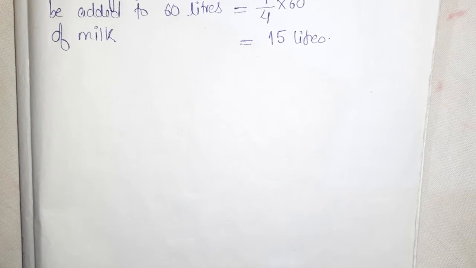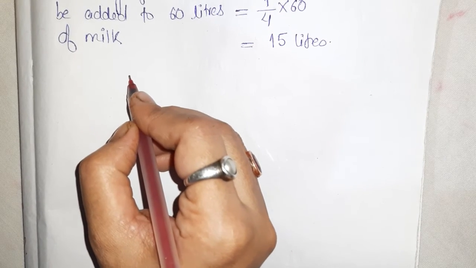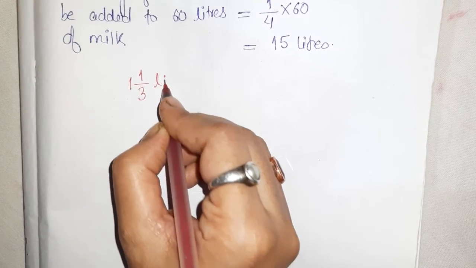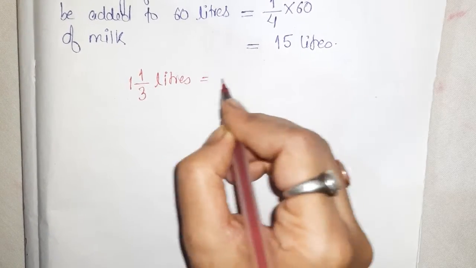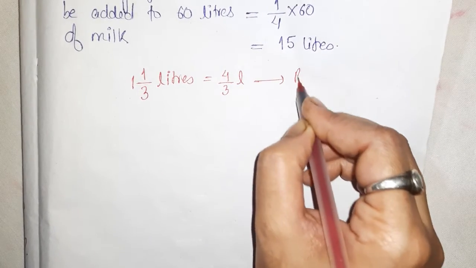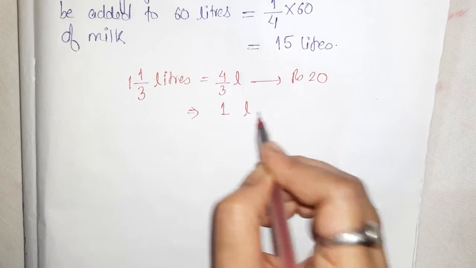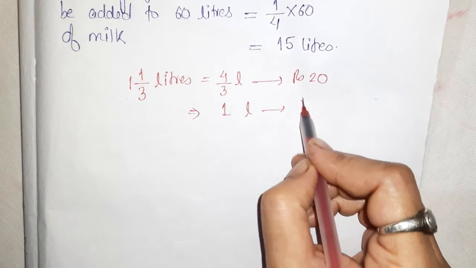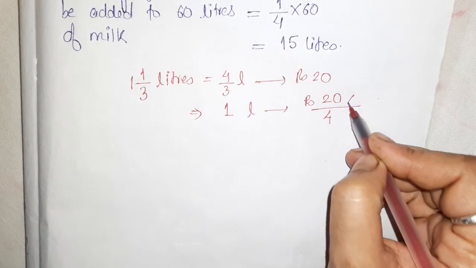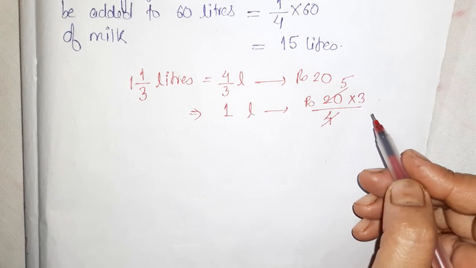Okay, now I will show you how you find the cost of 1 liter of milk. You are given that 1.5 liters, means 3 by 2 liters, will cost rupees 20. This gives 1 liter will cost rupees 20 divided by 3 by 2.